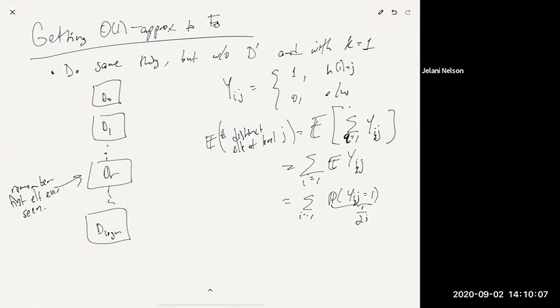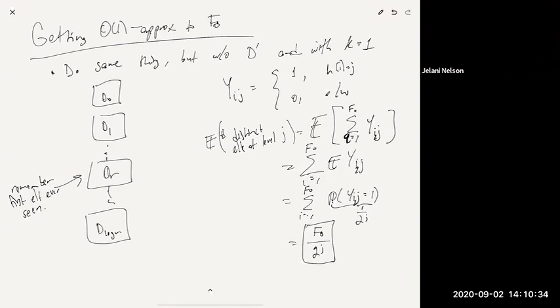Only f0 of them do. So this is equal to f0 over 2 to the j. So the expected number of distinct elements that appear at level j is f0 over 2 to the j. So the expected number that appear in d log n is f0, which is root n, divided by 2 to the log n, which is n. So it's root n over n, which is 1 over root n.